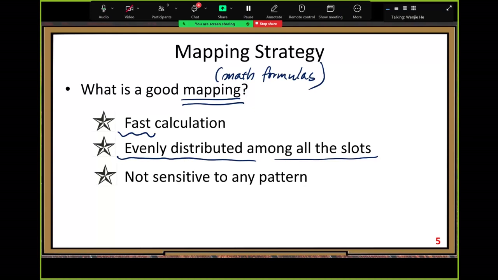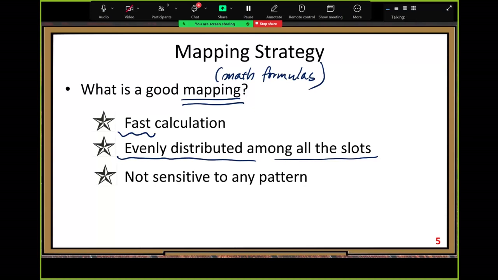If you can break those patterns, then your mapping function is very robust. Not sensitive to any pattern. So think about these design requirements: how to construct a data structure supporting an efficient search algorithm.